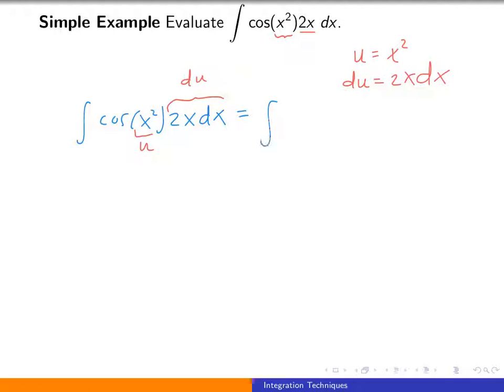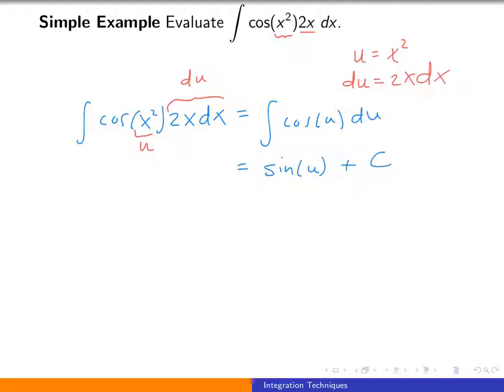So this is the integral of cosine of u du. So we've applied the u substitution. As we mentioned, it doesn't solve the integral for us, but it allows us to express it in terms of a simpler, in this case much easier to evaluate integral. The antiderivative of cosine is sine, so this would be sine of u plus c.